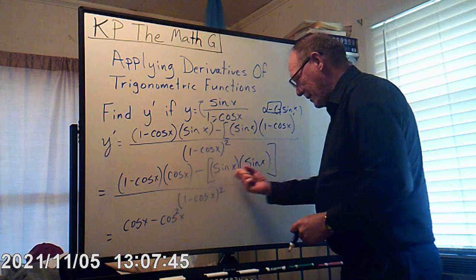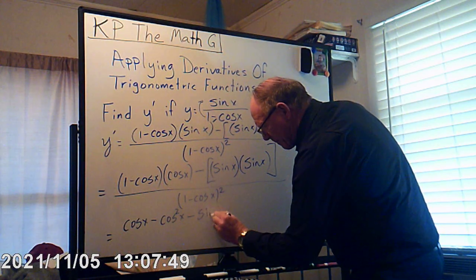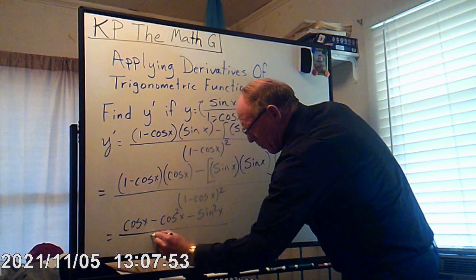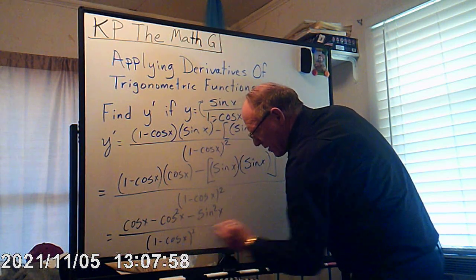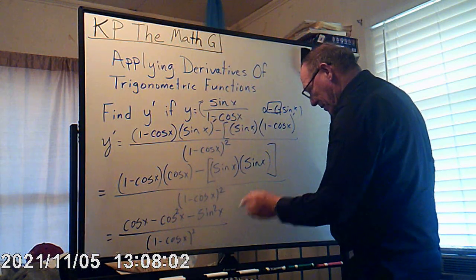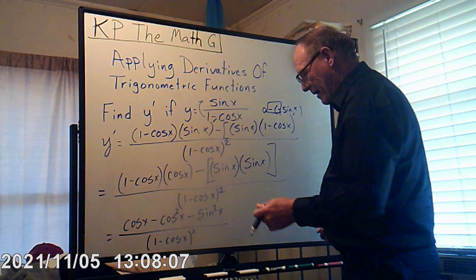This is sine times sine, which is sine squared, so minus sine squared. And then over 1 minus cosine x squared.